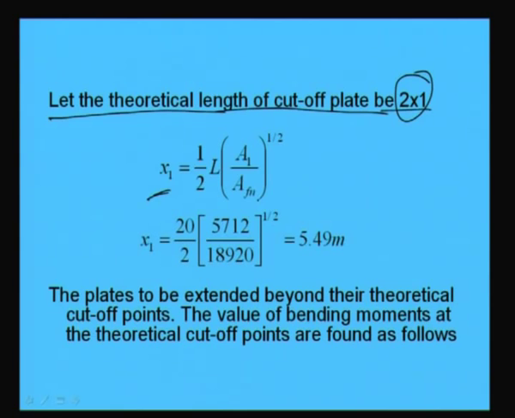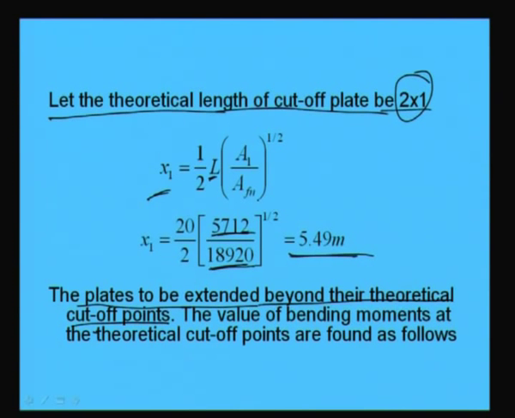So, if we put the value, L is 20 meter span and A1 is 5712, which we have calculated, and AFN also has been calculated, that is 18920, and if we take the square root of this, then finally we will get x1 as 5.49 meter, right. The plates are to be extended beyond their theoretical cutoff points.